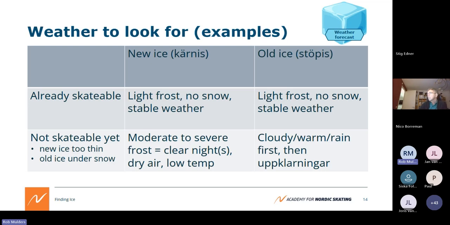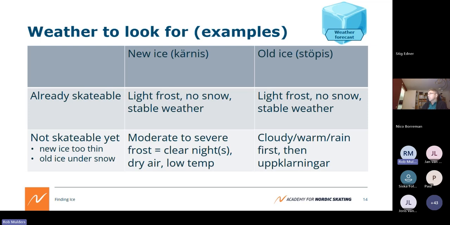Unless they are already skatable. If the new ice is thick enough, or if the old ice is smooth enough, then you only want light frost, no snow, stable weather. You don't want severe frost, because then it might get riemfrost or frostroezoer, or for the Dutch people, rijp on the ice.